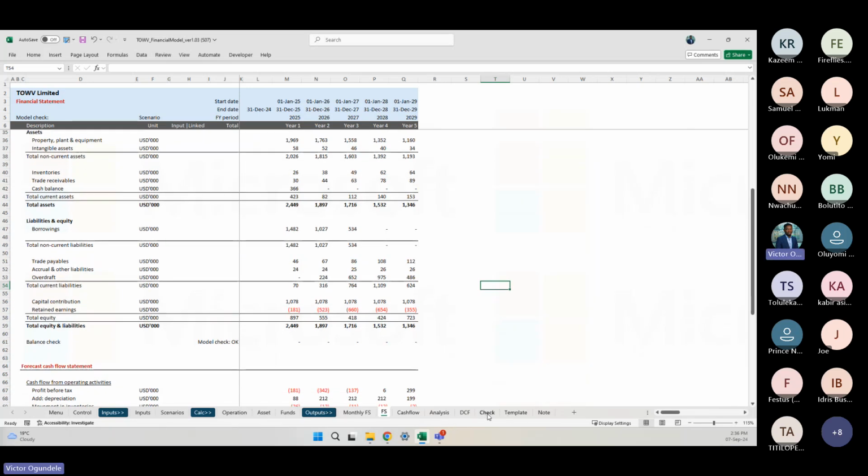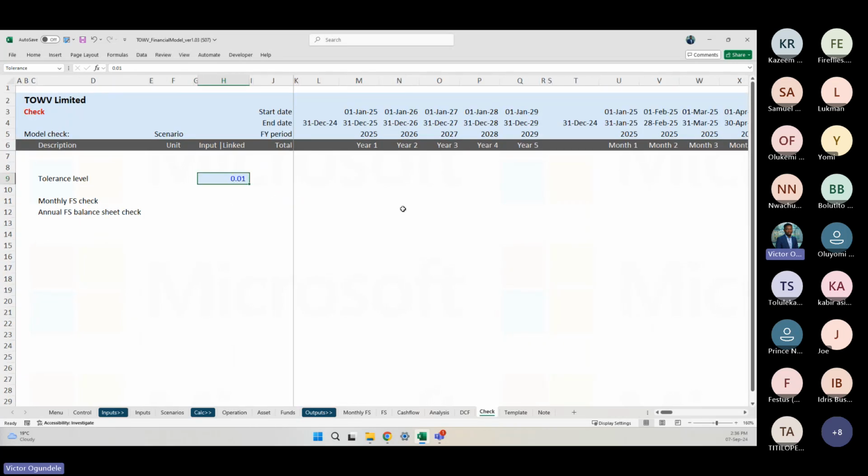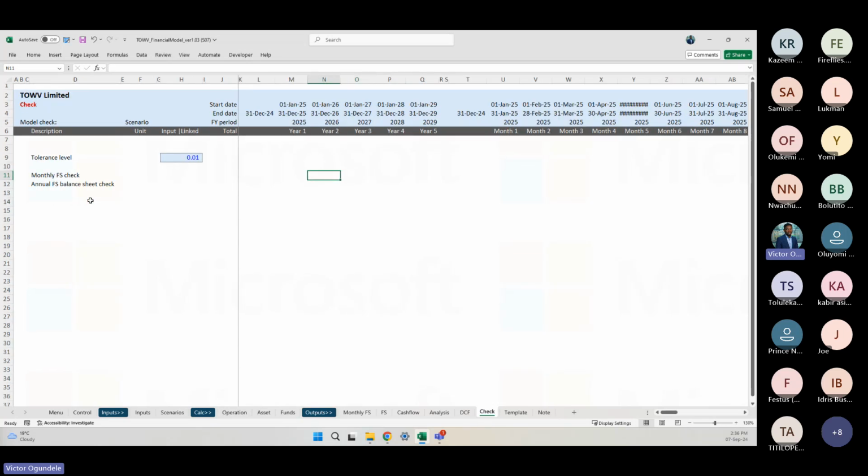Now what we need to do is go back to our check. You see this monthly check, right? Most times when we build our model, there's something we call a mega check to be sure that everything is working perfectly. So what you do is link the annual FS balance check under our annual period here.